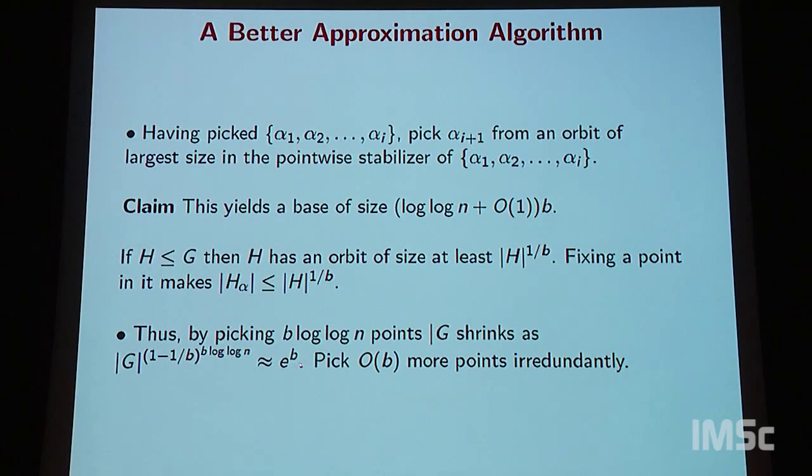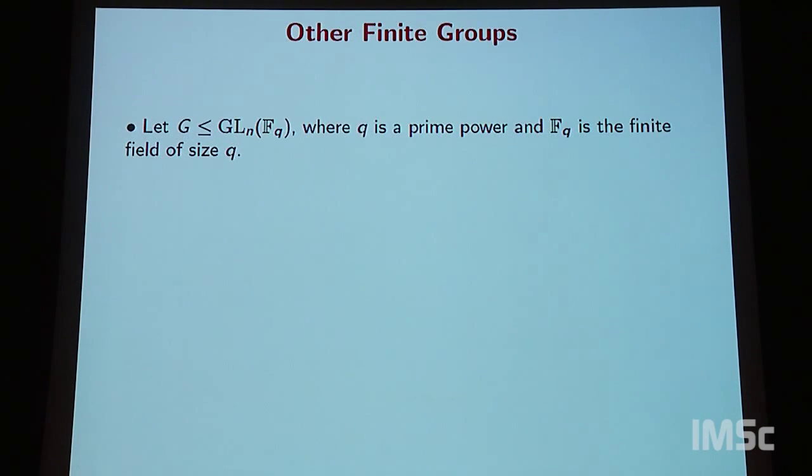And once I get to a group of size e to the B, I can pick any irredundant base that has at most order B many elements. So that gives me my claimed approximation factor of log n, which improves on the previous log n. Okay. Fine.